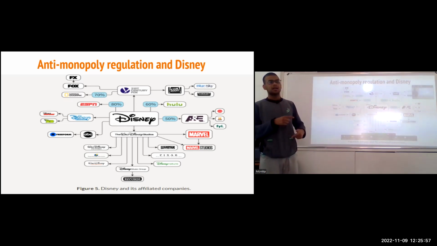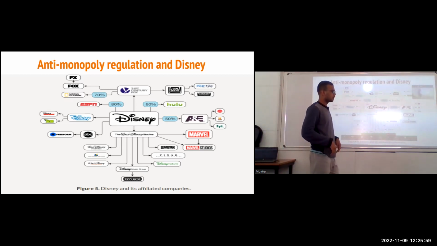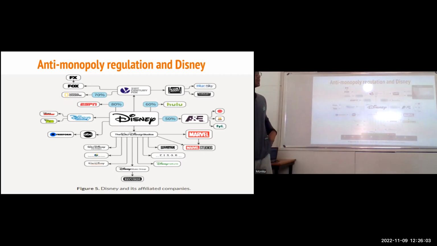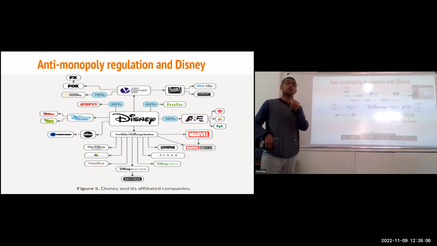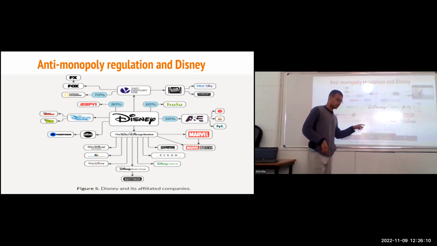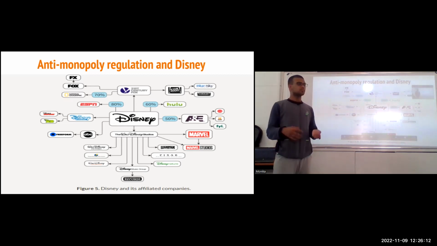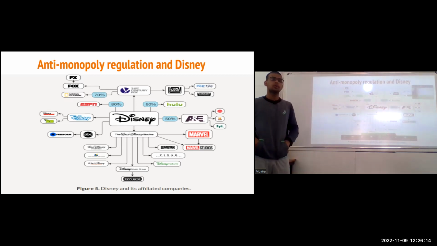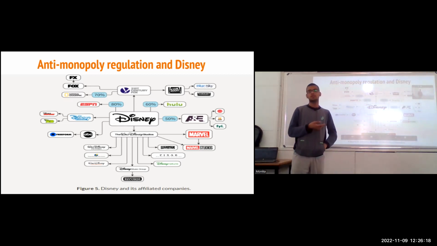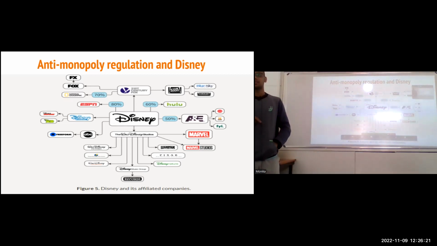So going forward with implementing anti-monopoly regulation in necessities, like for example health sectors, education sectors, and even the housing sectors, much work needs to be done. Although there will be some kind of rage from the companies, because they wouldn't want to lower their prices.